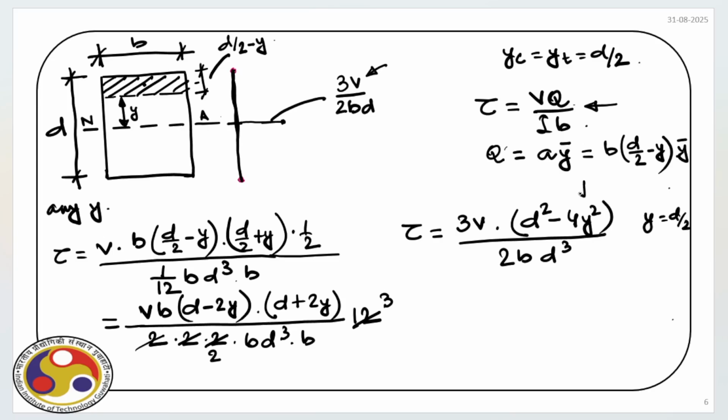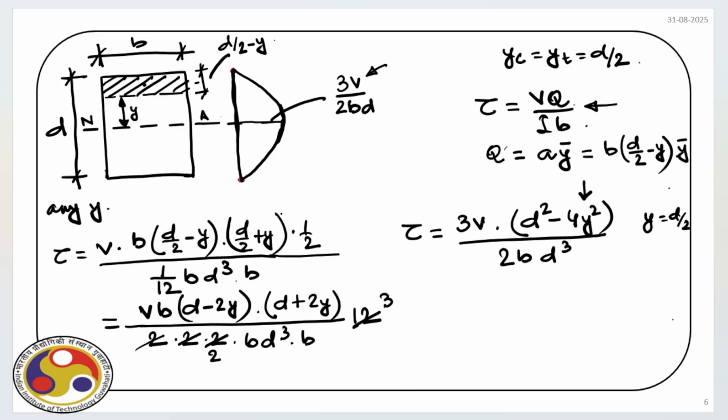If you look at this power of y, it is square, so it is a quadratic variation as we move downward. So that's the variation of the shear stress over the depth of the cross section, right?